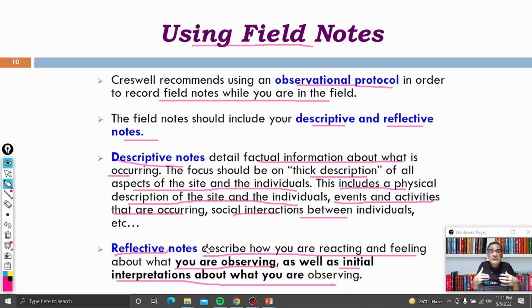These are your reactions and feelings about the classroom, teacher, and students. So I hope now you understand the difference between descriptive and reflective notes, what these types are, and how you will take descriptive and reflective notes in the classroom.